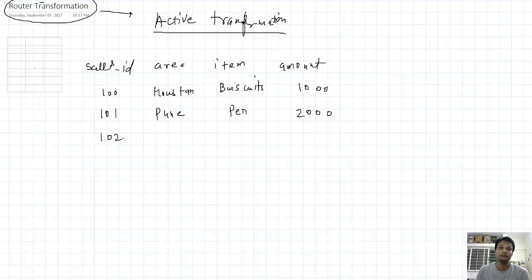For sales ID 102, the area being Bangalore, the item being water can, the number of units that are sold in Bangalore corresponding to water can is 5000.